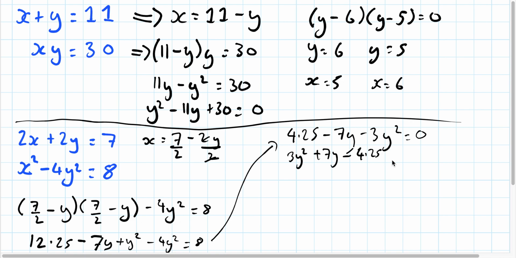Okay, so from there I'm going to use my quadratic formula to work out what my y is, because I've got a decimal here. 3y squared plus 7y minus 4.25 equals 0. I'll just do that on my calculator since we looked at it last time to get my y.